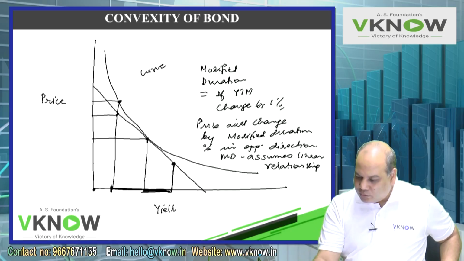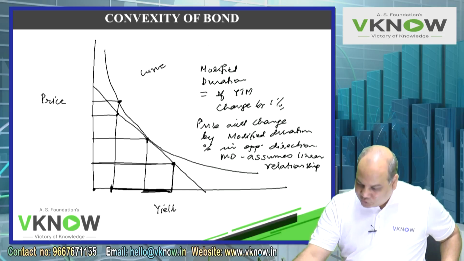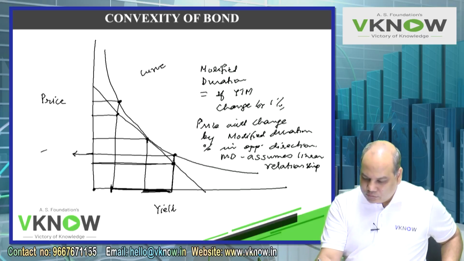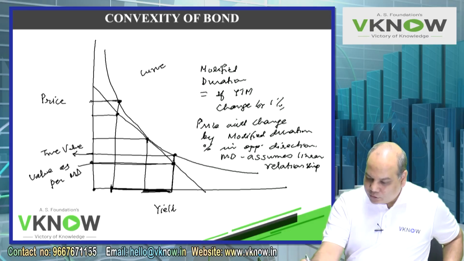So this is the value given by the modified duration, but actually the value is more. So this is the true value and this is the value as per modified duration. Here this is the true value, this is the value as per modified duration.